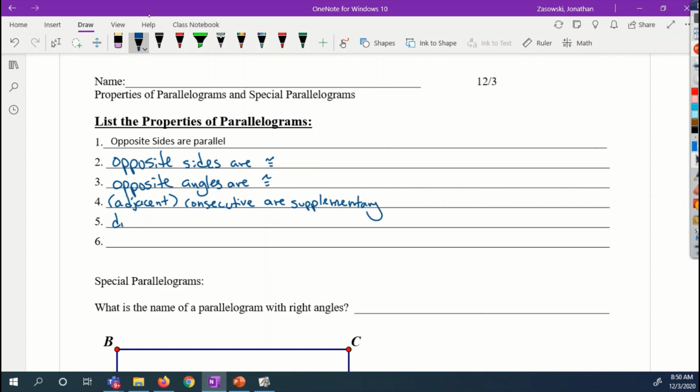All right, we have the diagonals bisect each other. All right, and the last one is a combination of these first two, if you remember, that one pair of sides is congruent and parallel.